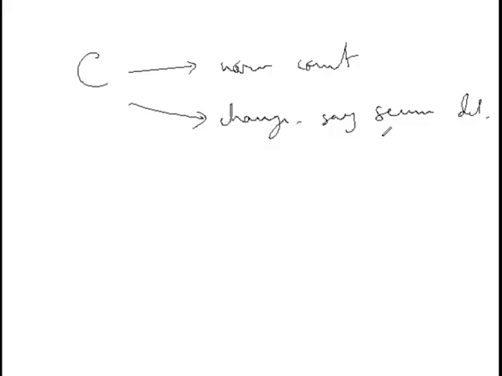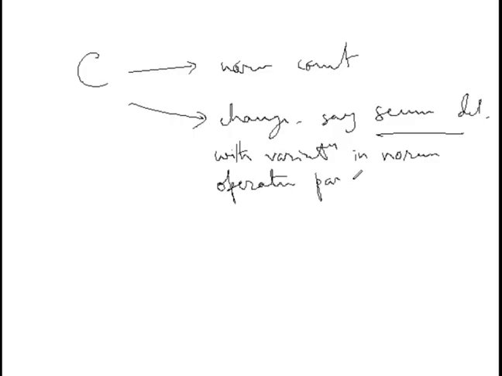In semiconductor detectors, this C can change with variations in normal operating voltage. Not just voltage, you can say operating parameters. In such a case, voltage pulses of different amplitude may result from events with the same charge.